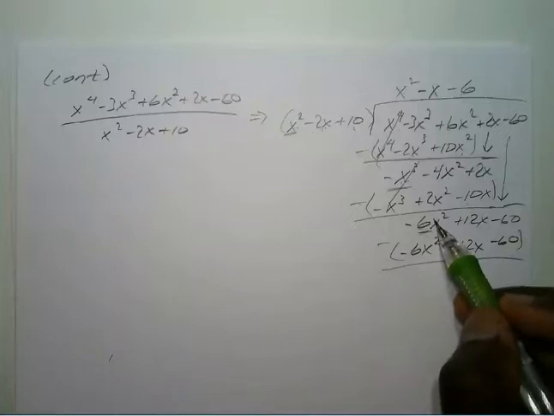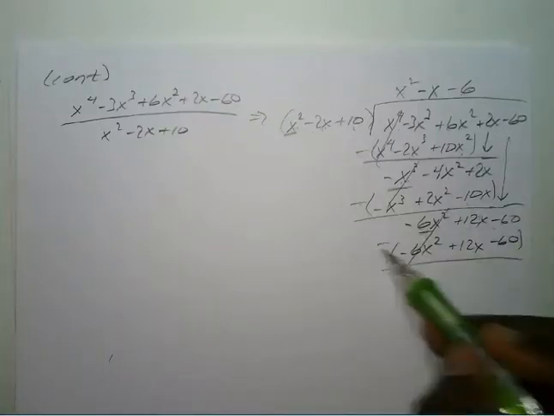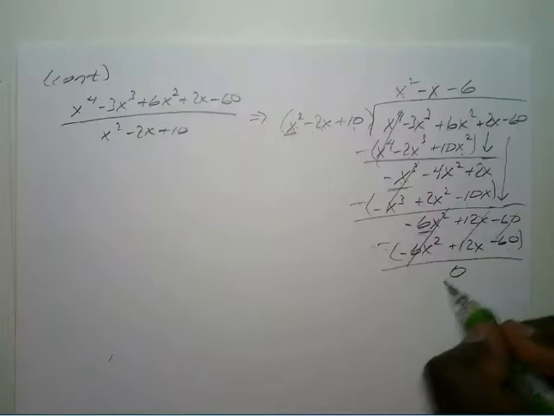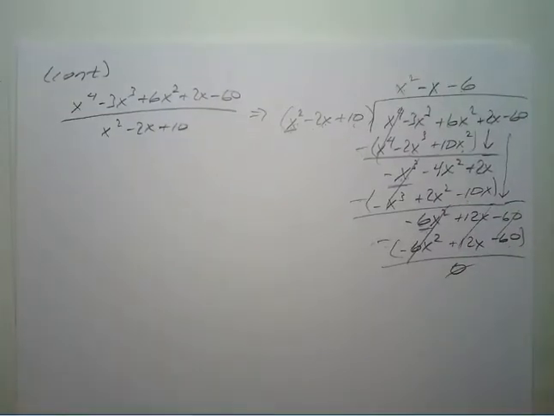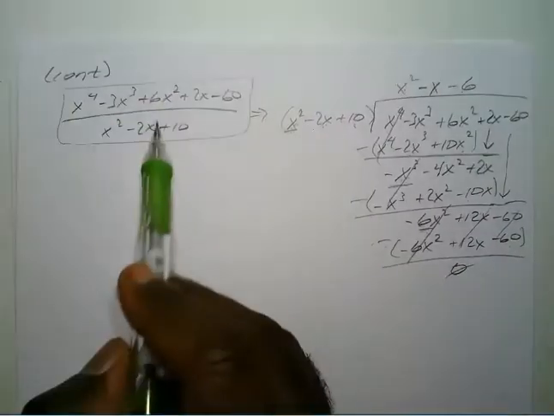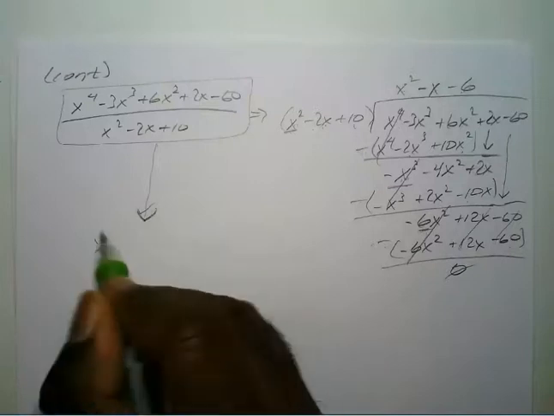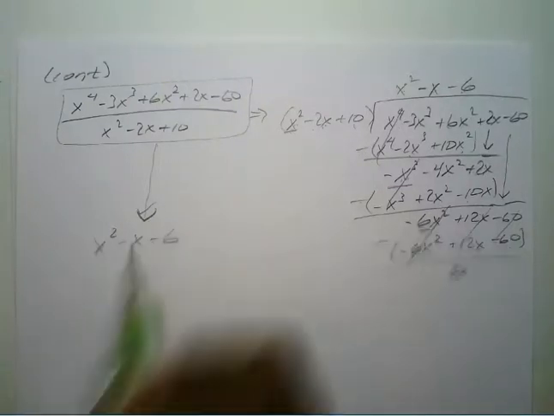And negative 6x squared plus 6x squared is 0. 12x minus 12x is 0. Negative 60 plus 60 is 0. Okay, so we know that this is going to equal x squared minus x minus 6.